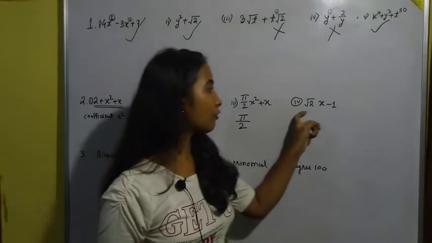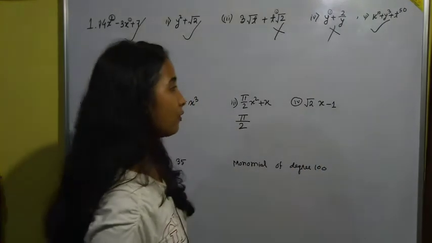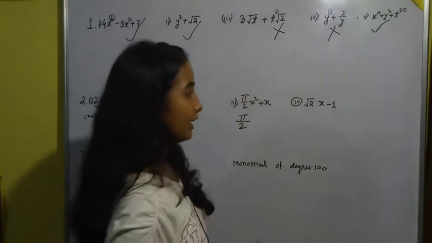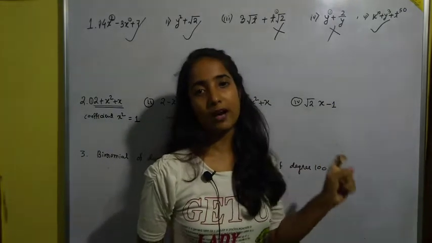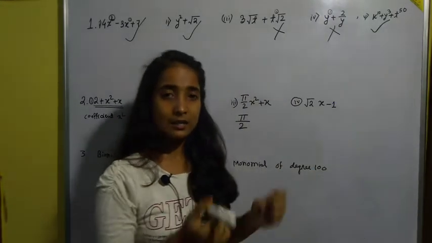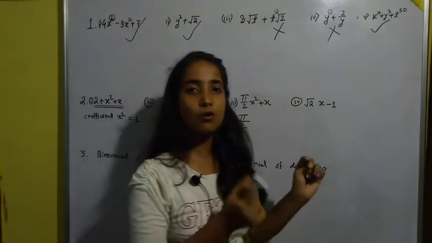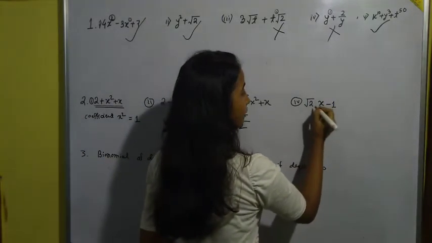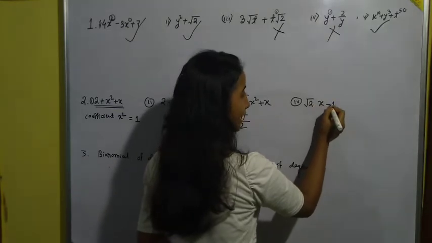Now come to the fourth polynomial. In the fourth polynomial, see there is no x square. Whenever there is no x square, but you have to write the coefficient of x square, then it will always be 0. Why? Because see this polynomial, root over 2x minus 1.